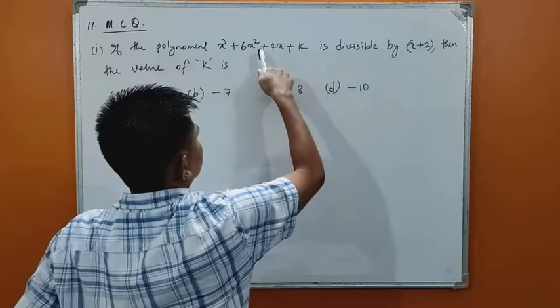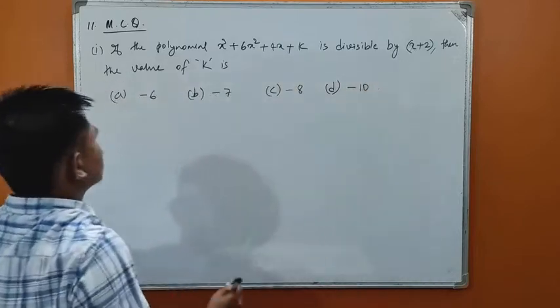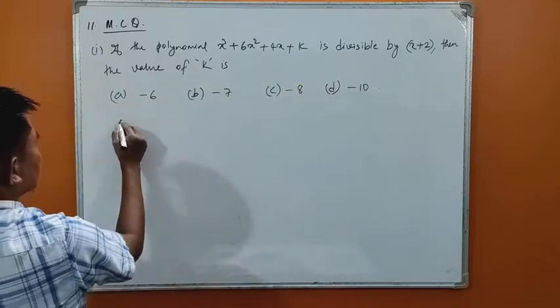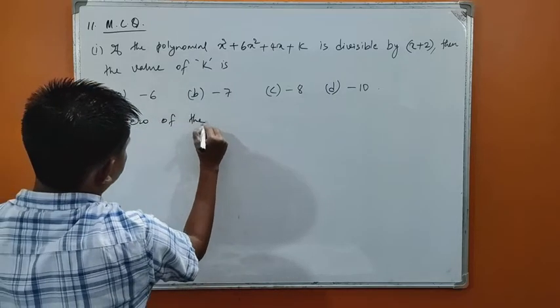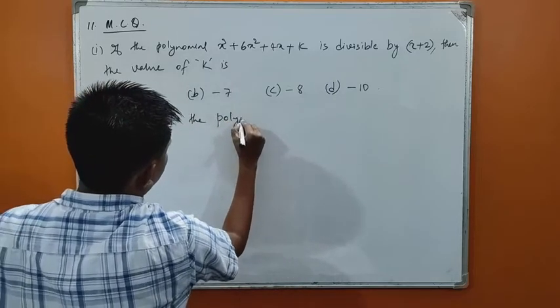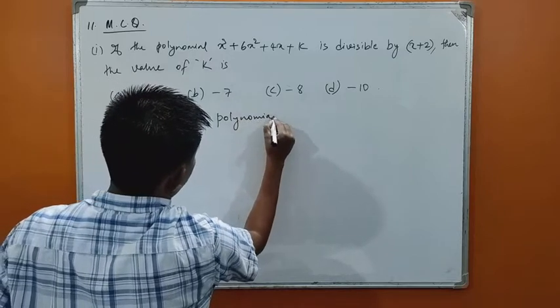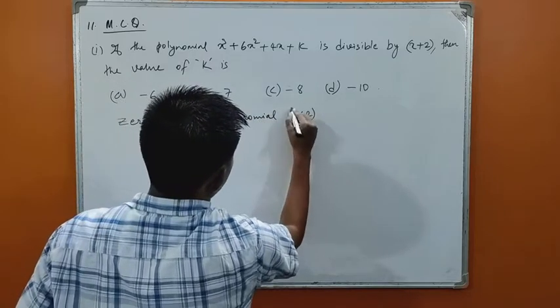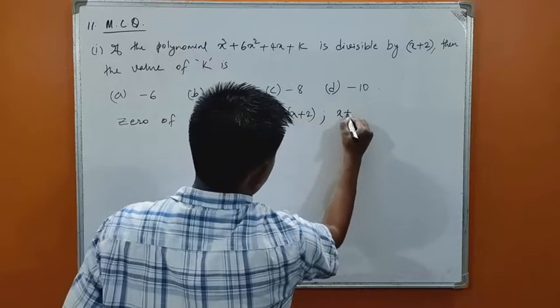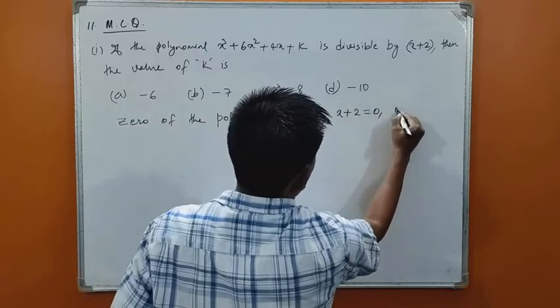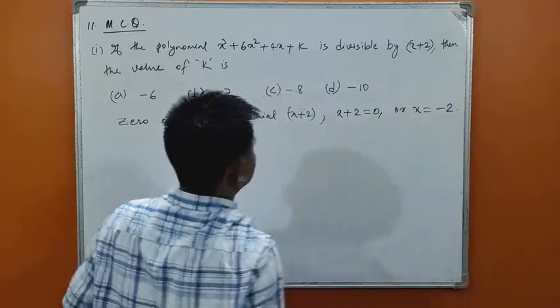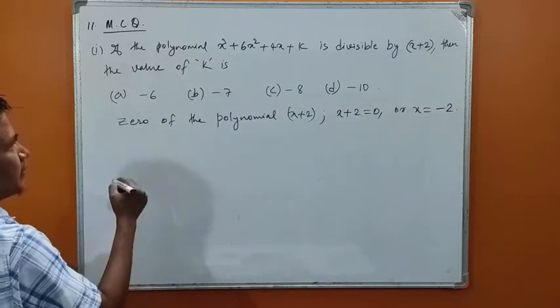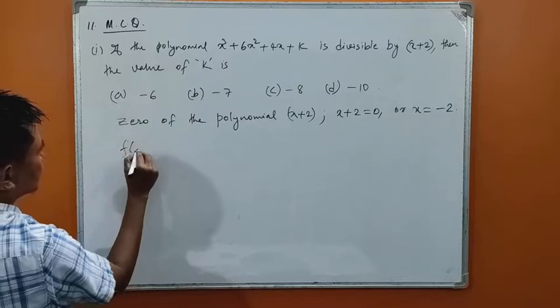Since this expression is divided by x plus 2, so the zero of the polynomial x plus 2, that is x plus 2 equals to 0, or x equals to minus 2, when we take 2 to the right hand side it becomes minus 2. So remainder will be f minus 2, isn't it?